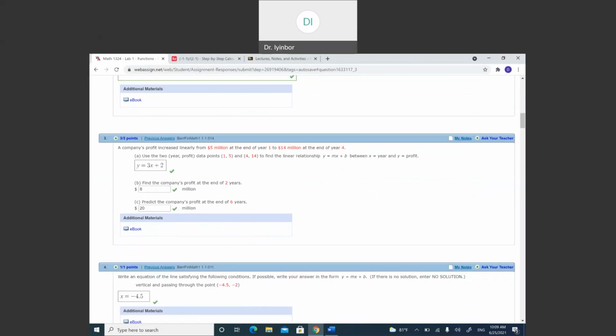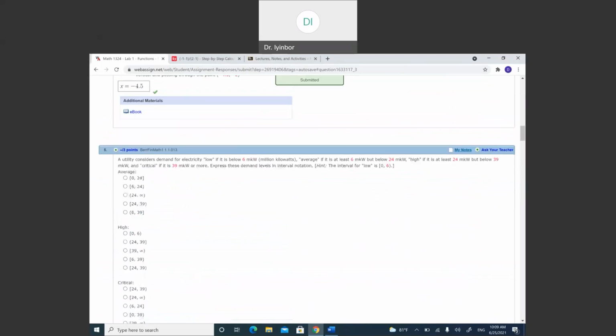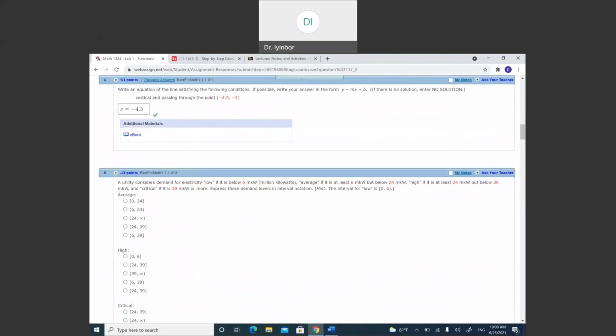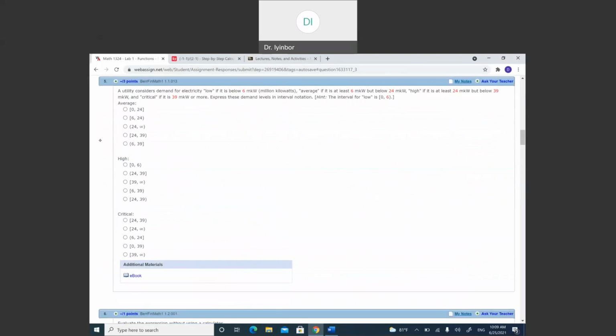Okay. The next one is number 5. So this is good. For number 5, we have to write, here we have a utility that considers demand of electricity low if it's below 6 million kilowatts. Average is at least 6 but below 24.